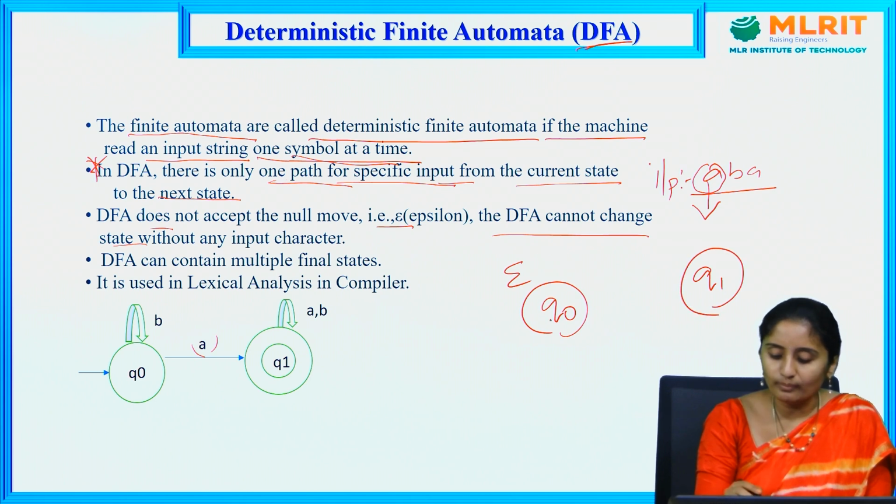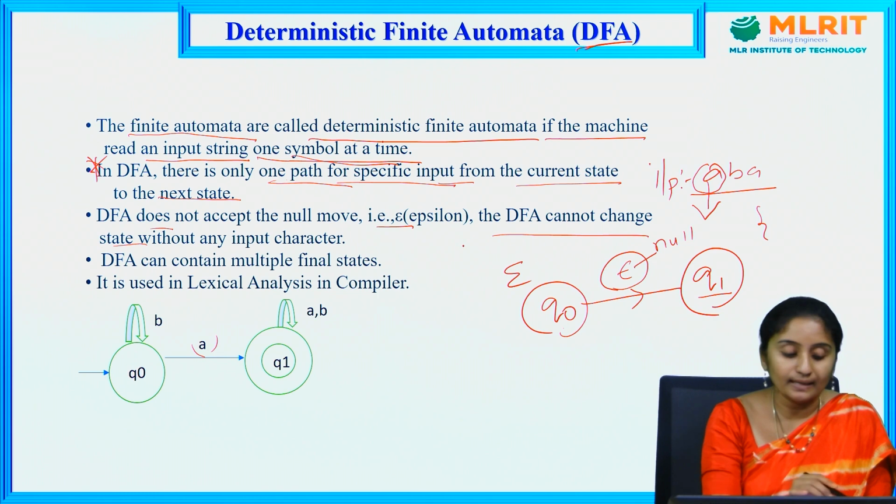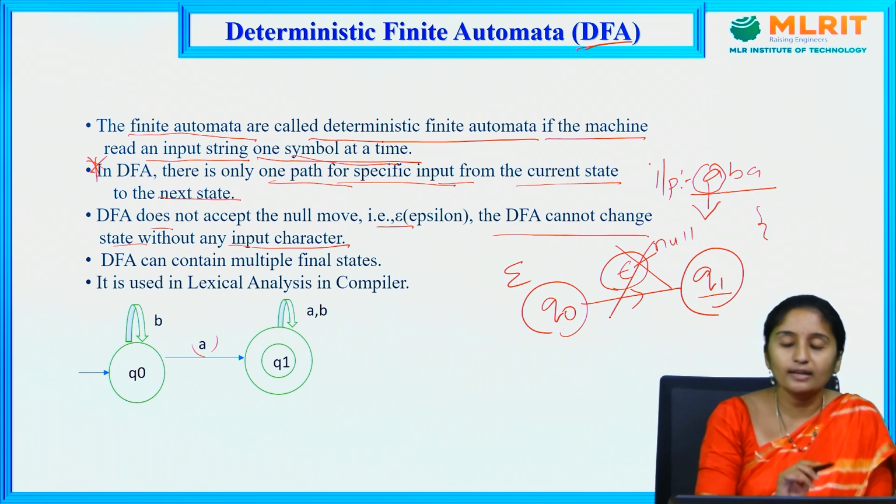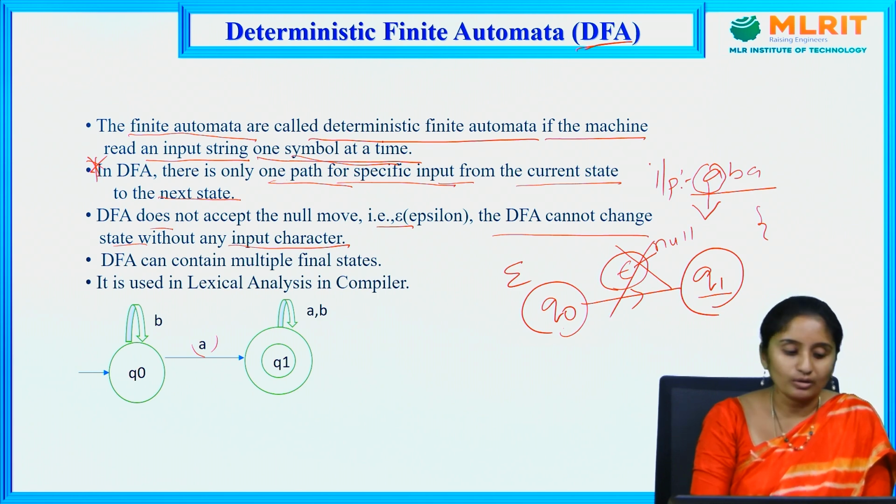To move from Q0 to Q1, I should have some input symbol. With an empty input, like epsilon, I cannot move from one state to the other. Epsilon moves are not allowed in DFA.